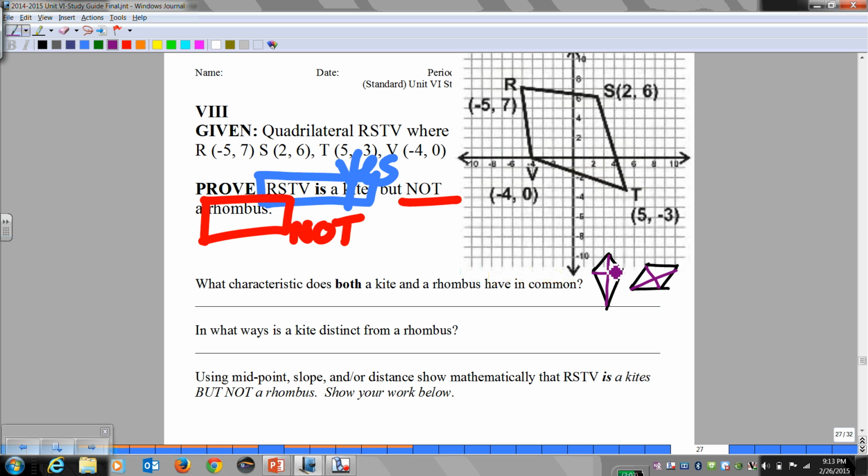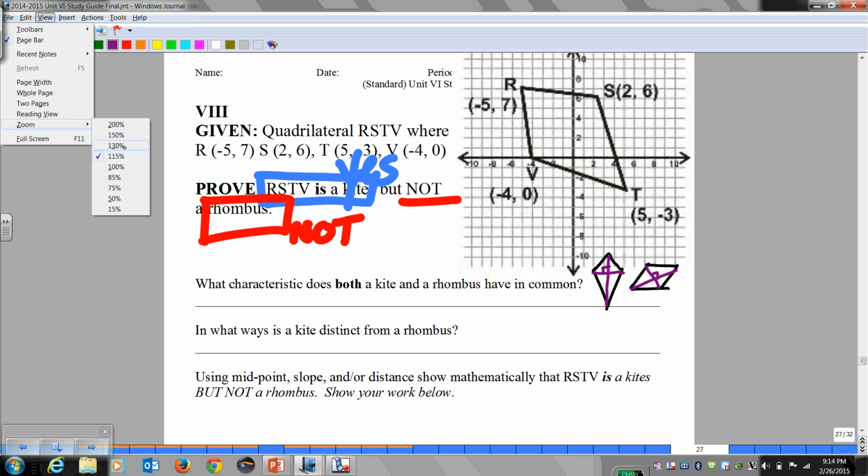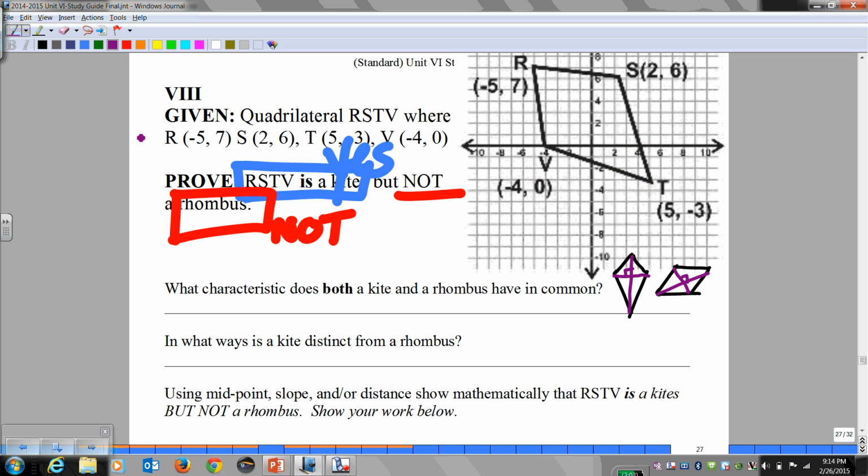They both have diagonals that are perpendicular or make a right angle. So they have that in common. The diagonals are perpendicular. They make right angles in the middle.